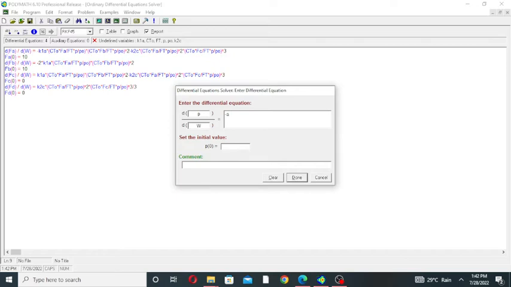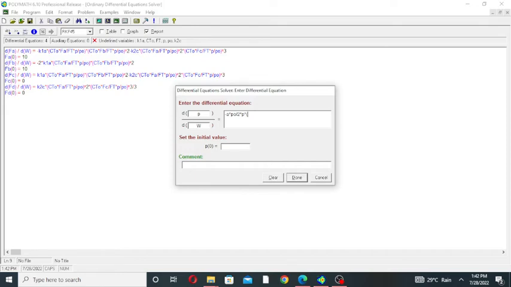So minus alpha multiply by P naught, multiply by Ft, multiply by P naught divided by 2, multiply by small phi, and to Ft divided by Ft naught.